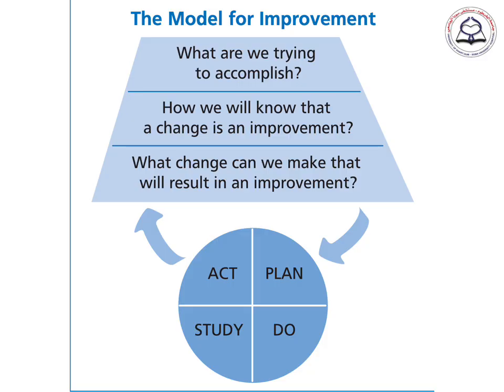The cycle begins with a plan and ends with an action. The study phase is designed to elicit new information and knowledge. This is an important step in improvement science because new information allows for better prediction about effective changes.